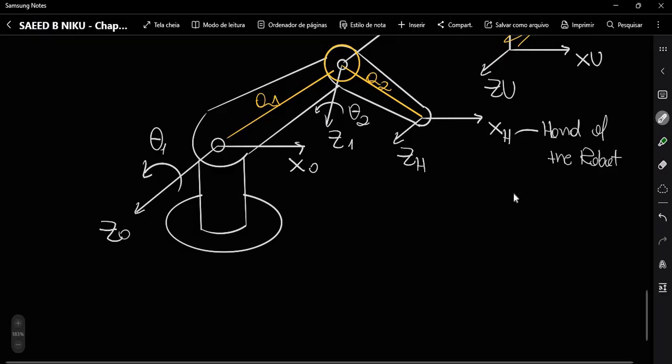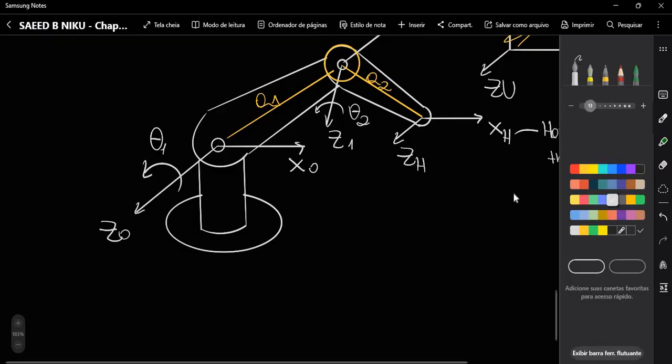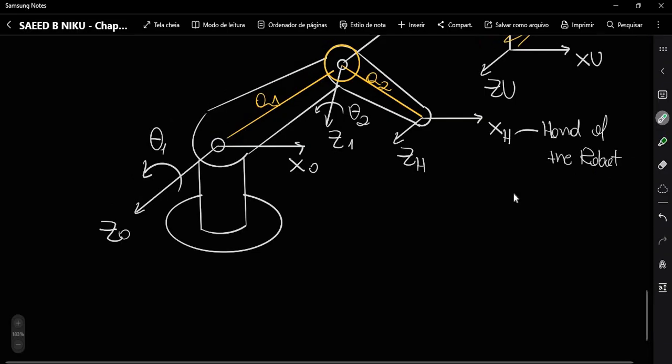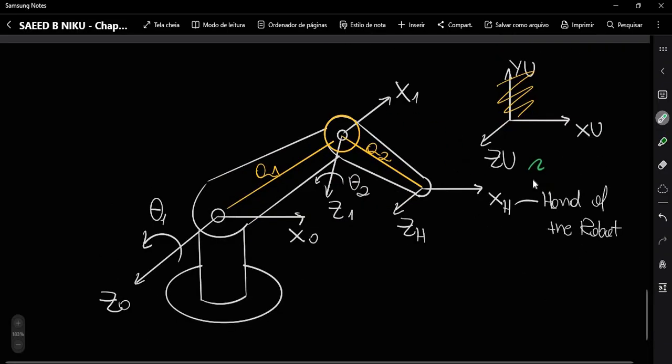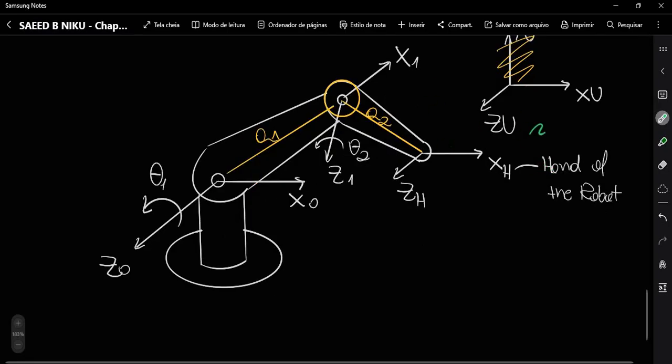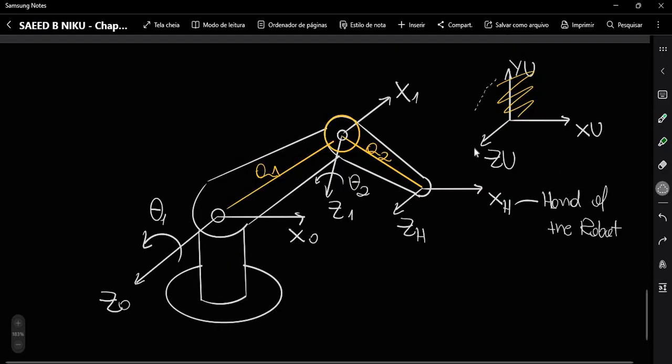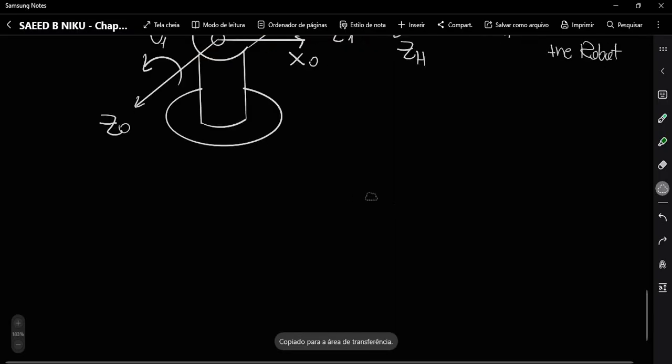Remember from previous lessons that we can substitute this universal reference frame with a frame that we call the reference of the robot.